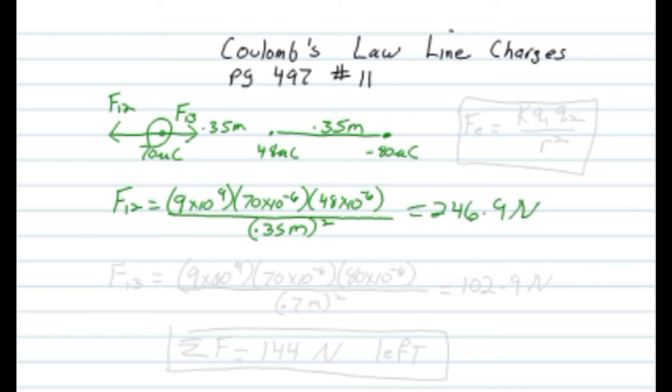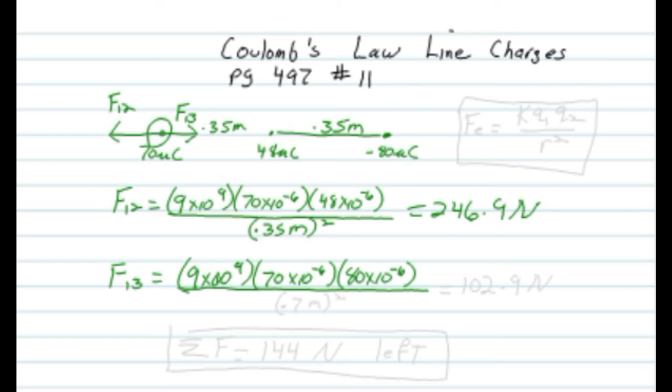And then F of 1 on 3 is going to be K again, 9 times 10 to the 9th, times Q1 again, 70 times 10 to the negative 6, times Q3, which is 80 times 10 to the negative 6. Notice I didn't put the negative sign in. I always use the absolute value here. The direction will take care of everything else.